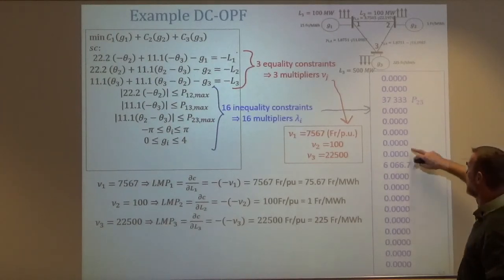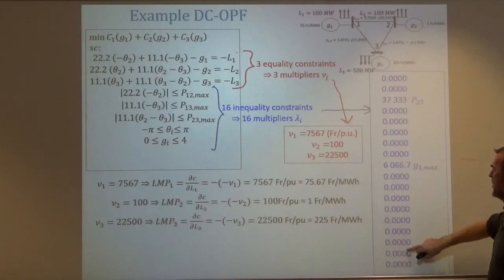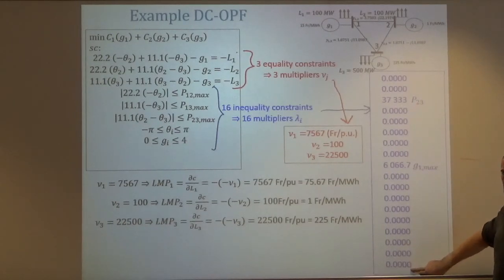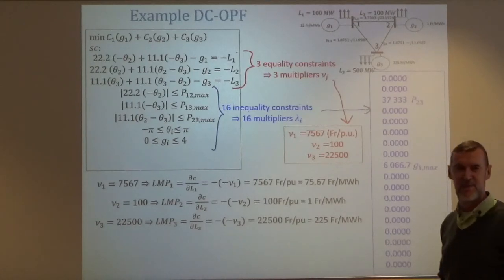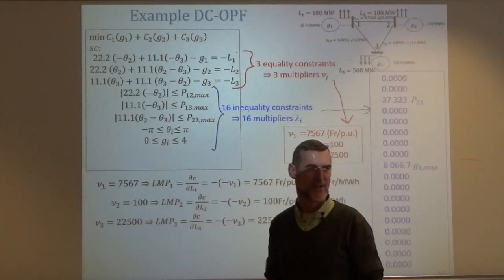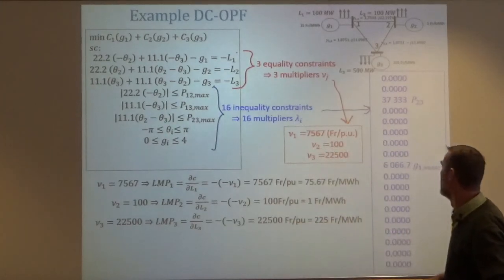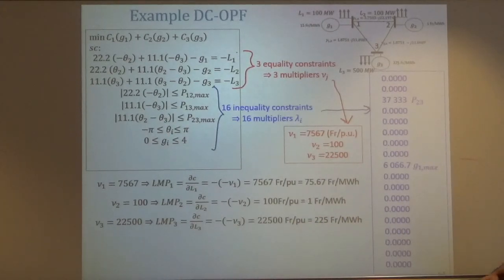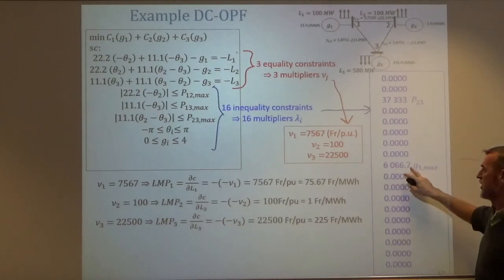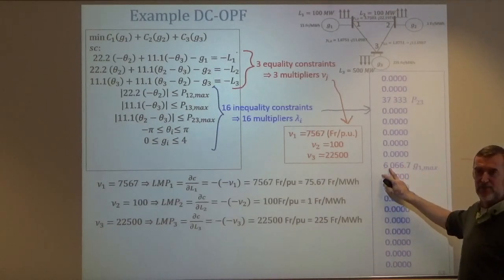If we look at the inequality constraints, we find here the 16 Lagrange multipliers, and what do you observe? They're practically all zeros, except 2. What does that mean? Remember the complementary slackness. If the Lagrange multipliers for inequality constraints are non-zero, that means that this inequality is binding.